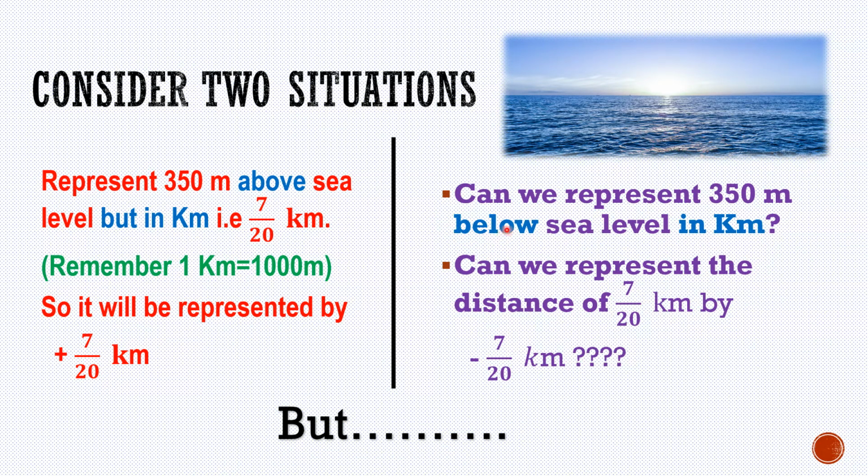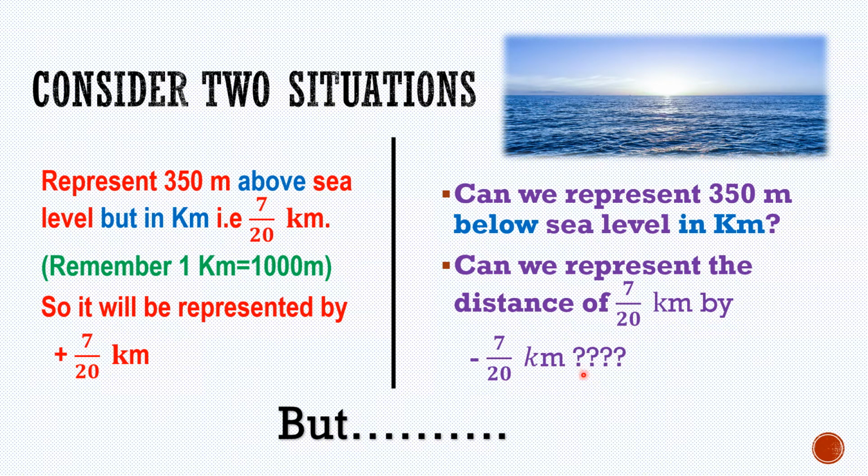Here it was above, so we wrote plus 7 over 20. But here it is below, right? So if I want to represent 7 over 20 kilometers below sea level, obviously I'll put a minus sign. Till now we are well aware of integers, so we know that the minus sign comes if we have to represent something below sea level. Correct. Minus 7 over 20 is correct.